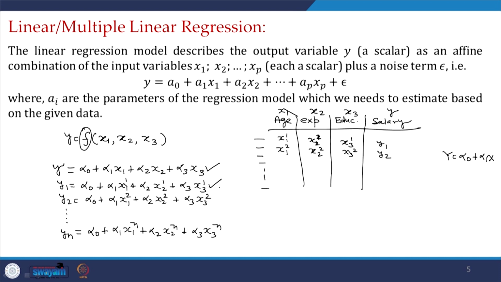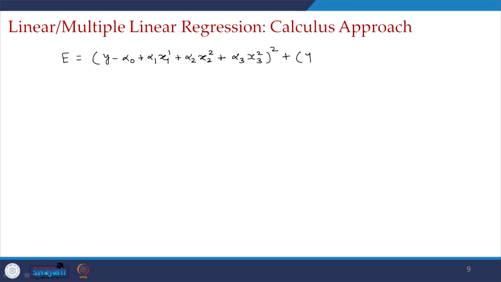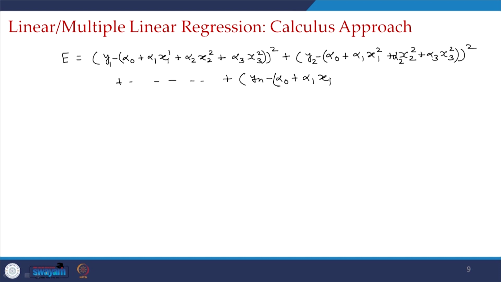Similarly, from the second equation I will be having y 2 minus alpha 0 plus alpha 1 x 1 2 plus alpha 2 x 2 2 and alpha 3 x 3 2, and whole square, and so on, plus y n minus, left hand side minus right hand side, alpha 0 plus alpha 1 x 1 n plus alpha 2 x 2 n plus alpha 3 x 3 n.